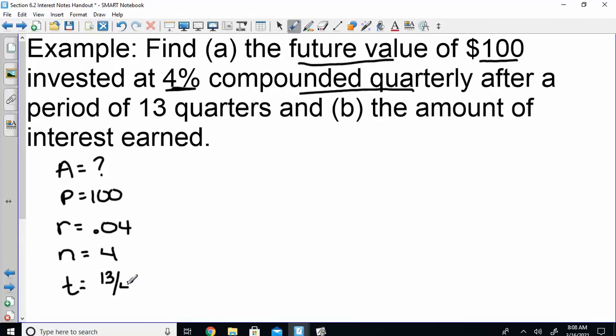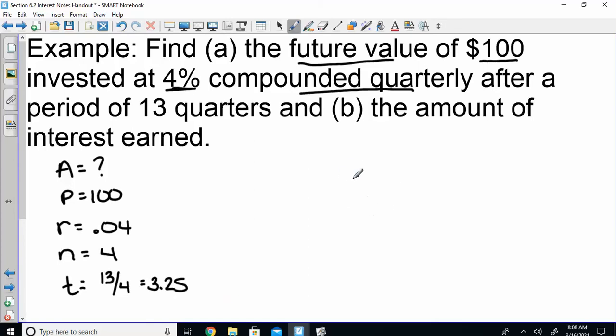You'd have to divide it by 4 because there are 4 quarters in a year, so 13 over 4. You can leave it in that fraction form. If you change it to a decimal, it's 3.25, so either one, fraction or decimal. Because I didn't tell you the number of years, we know in a year there are 4 quarters. That's why I divided it by 4. Is everybody okay with that?